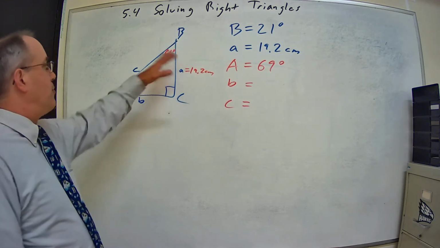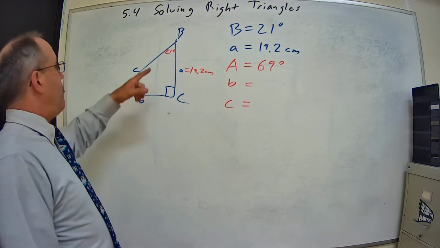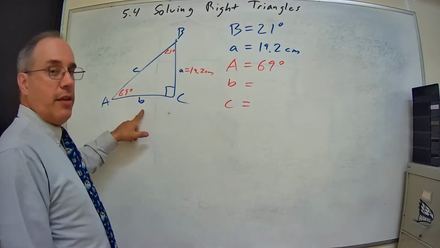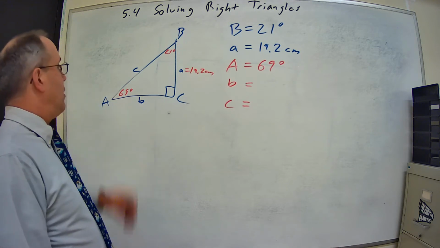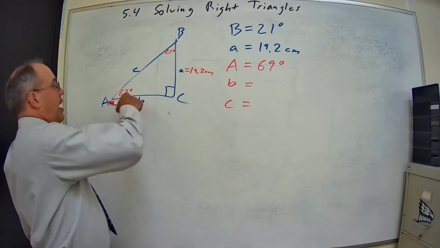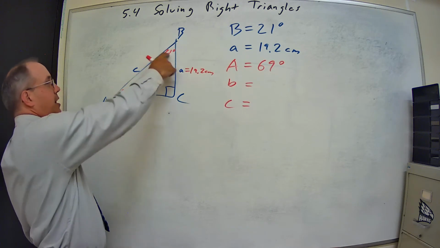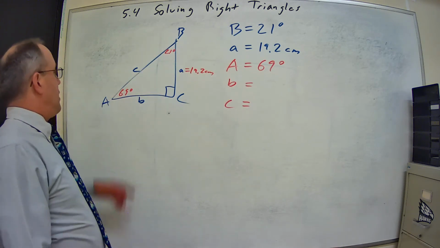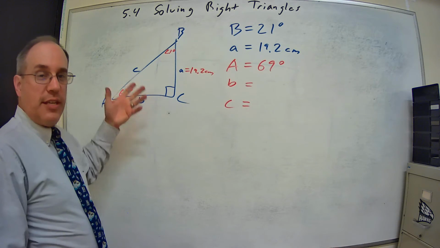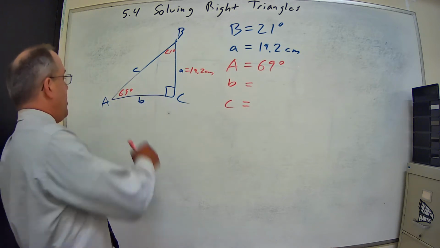There we go. It just allows me to visualize a little better. If I want to find side B, well, I have 69 degrees, I have 21 degrees. I'm going to use 21, just because it's easier for me to visualize it that way.